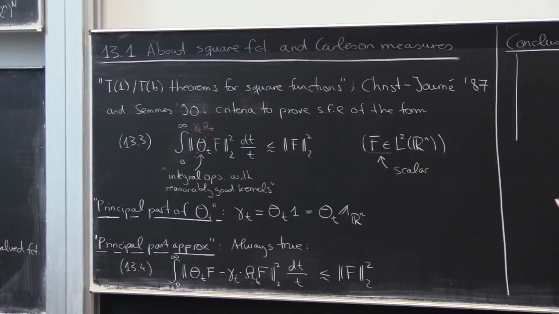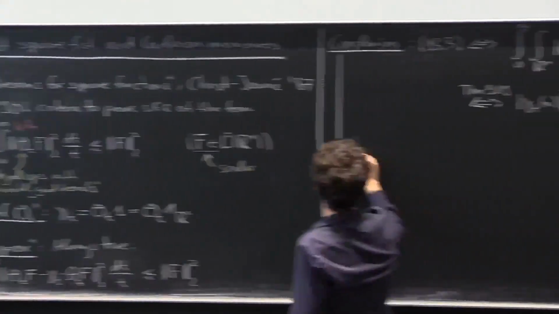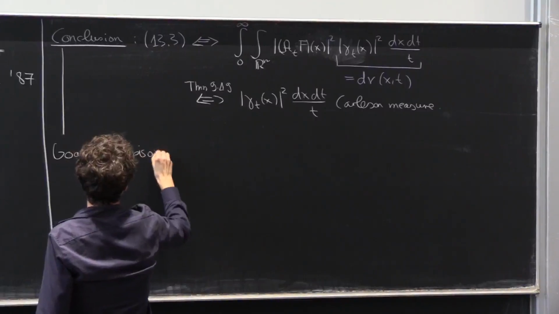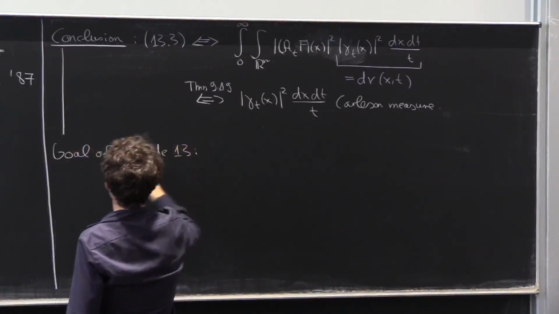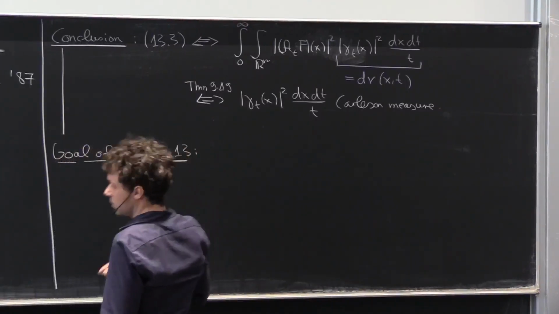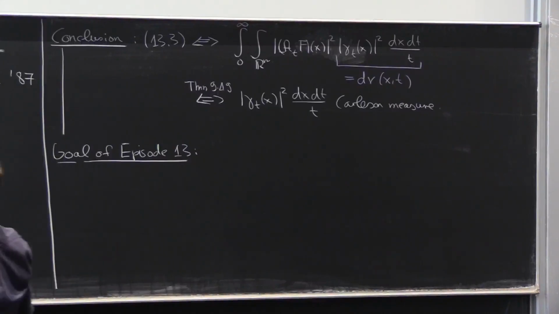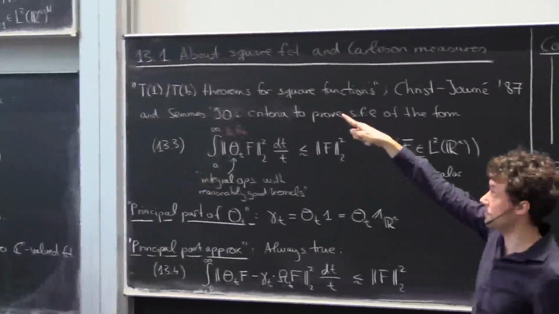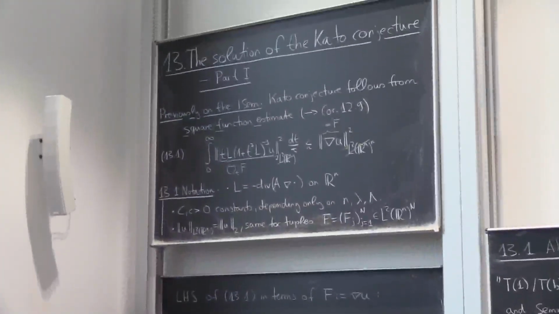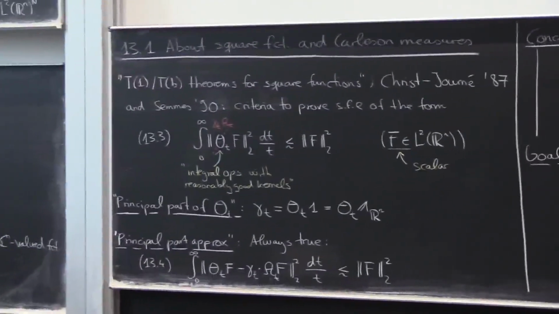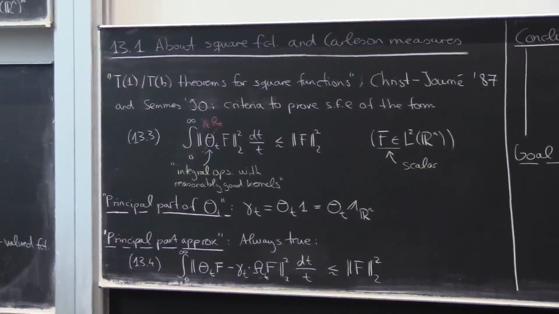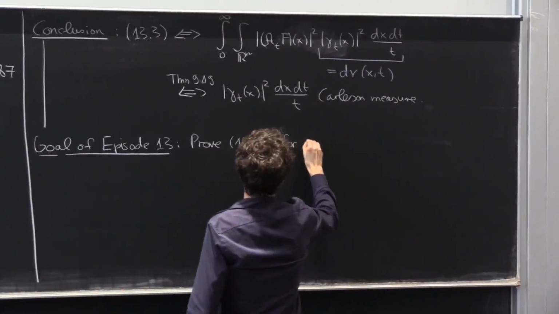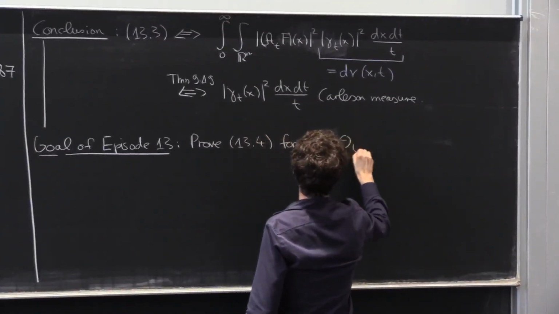Okay? And so the goal of episode 13 is I want to do the reduction to a Carlson estimate in the setting of my square function over there. That is, I want to prove the principal part approximation 13.4 for our theta.